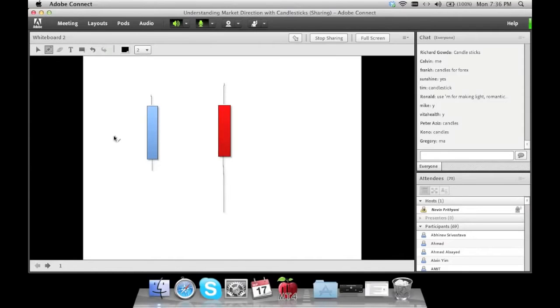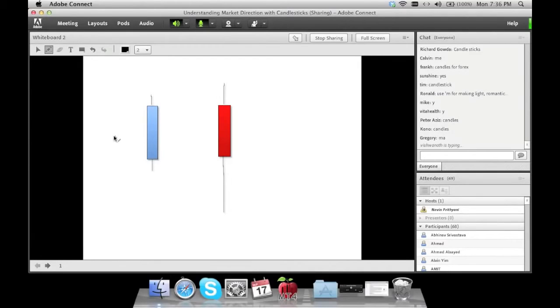Okay. So, can everyone see the things drawn on my screen on the whiteboard, the blue and red candle?